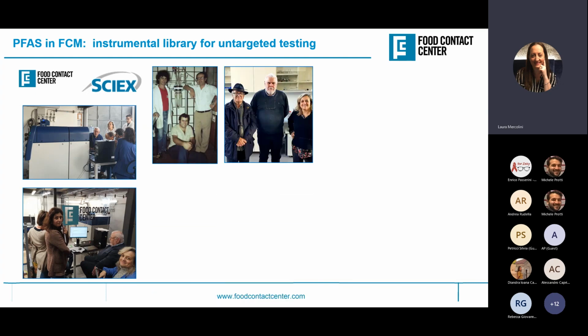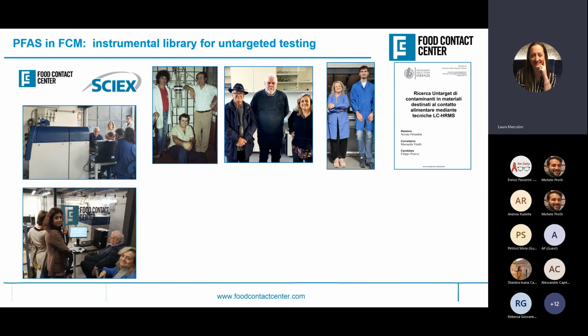And I also added the picture that you already saw before, but I also have the updated version. So here there is my father with Andrea and me in our lab. And also a big contributor in this project is Philippe, who is here today.